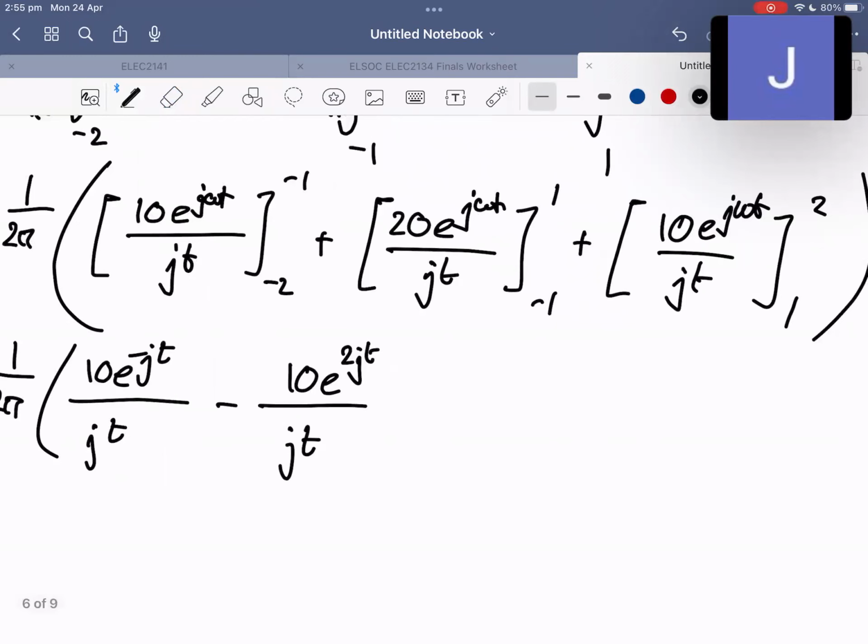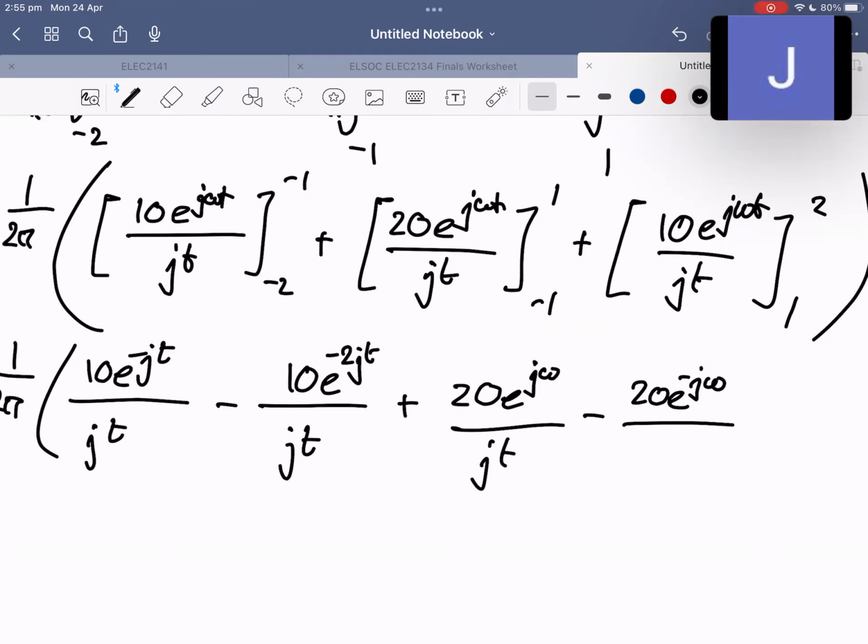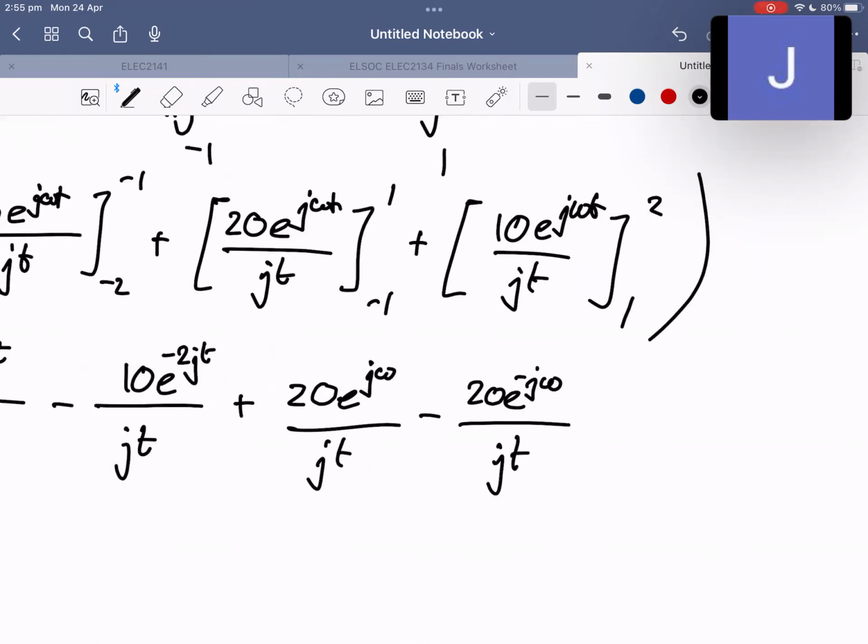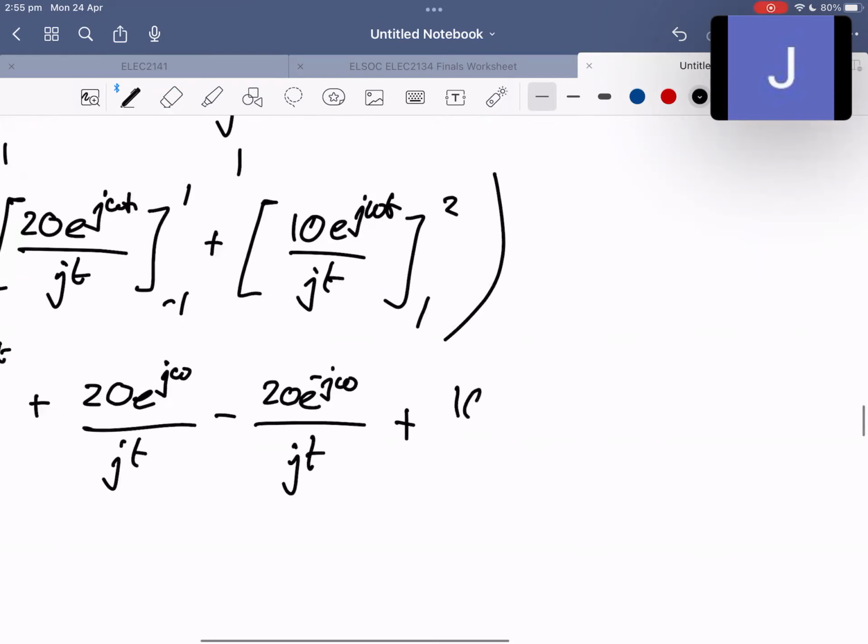I'm used to when there's an omega there. Anyways. And then here it would just be 20 e to the j omega over jt minus 20 e to the negative j omega. And there should be a negative t on jt. And then the last one is, yeah, sorry, these should be t's.